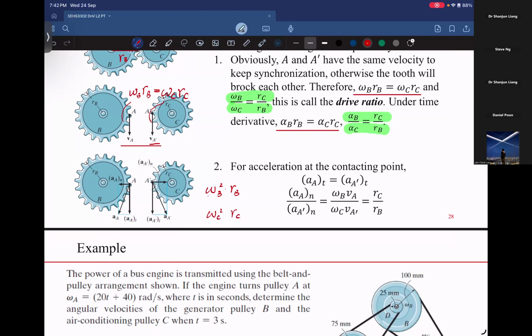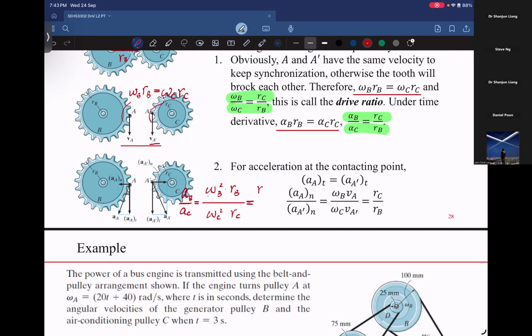This is the normal acceleration ratio. So it is AB over AC, in this ratio.